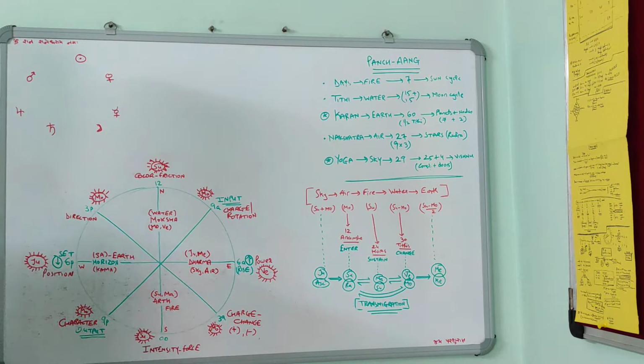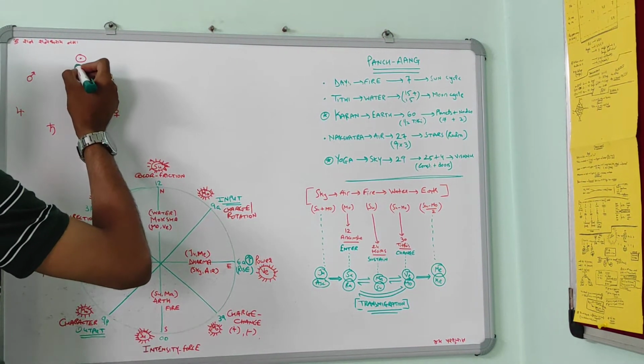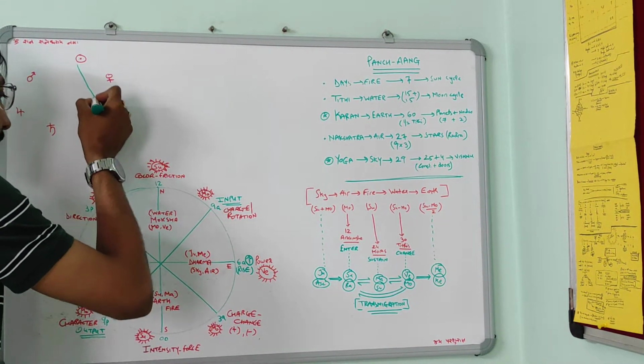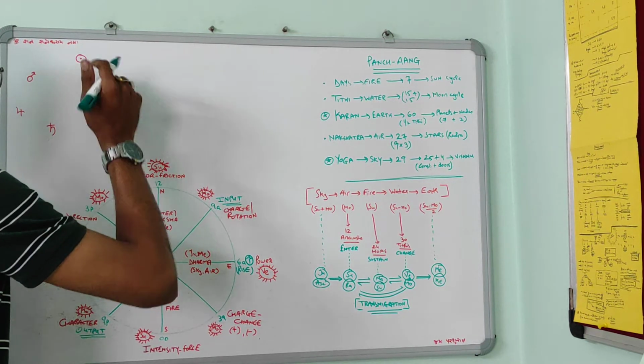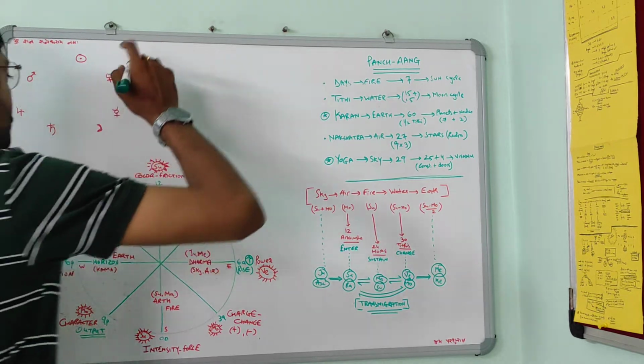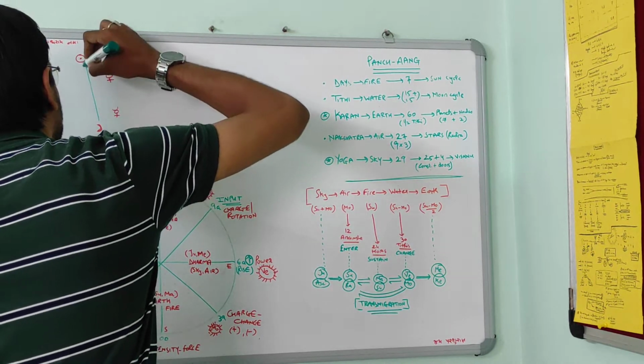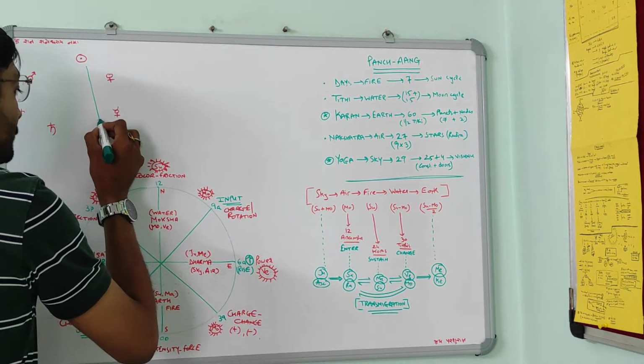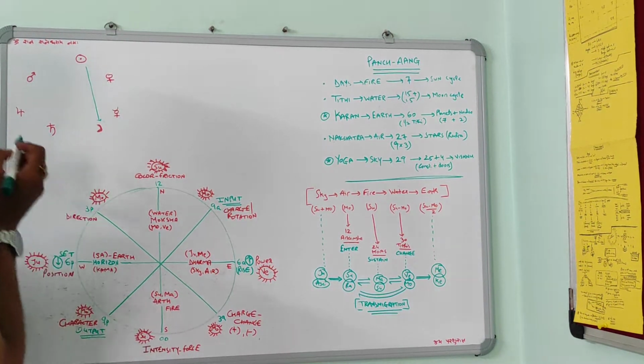See, from Sunday, this is the sun. From Sunday we are going to Monday. See, from Sunday we went to Monday. From Monday we are going to Tuesday.